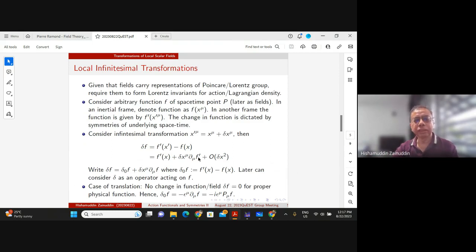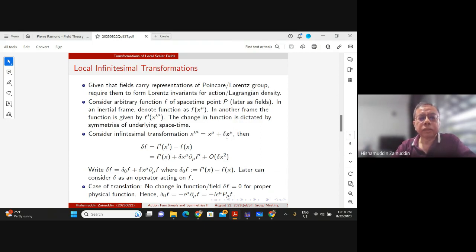So let's do the infinitesimal case. The coordinate transformation goes from x to x dash, with some infinitesimal quantity that transforms the coordinate. Here I'm putting this in a very general form; later it could be something more specific. This delta S mu will be thought of as a small quantity.